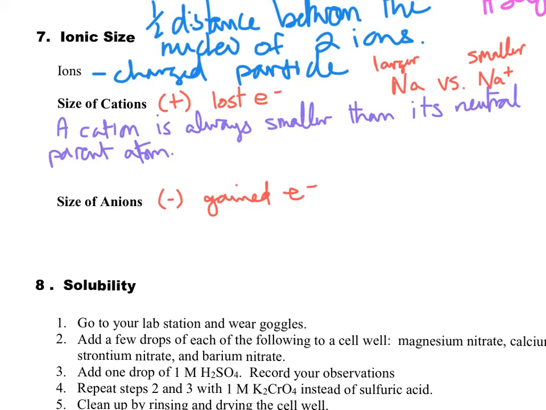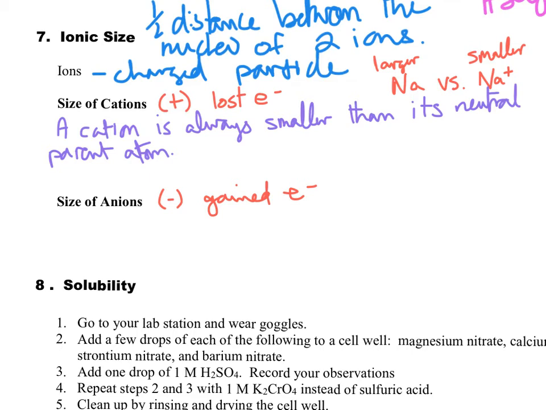Let's try to think about why. Well, remember, all this has to do with the Coulombic attractions between the protons in the nucleus and then the electrons, or the valence electrons, I should say. And so if you think about this, if we lose some electrons, then your electron-electron repulsion, your shielding, gets lower. And so your net attraction is stronger.